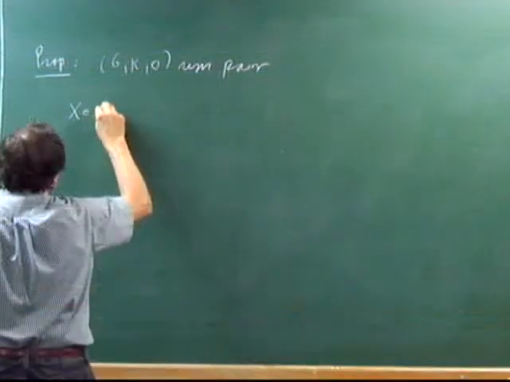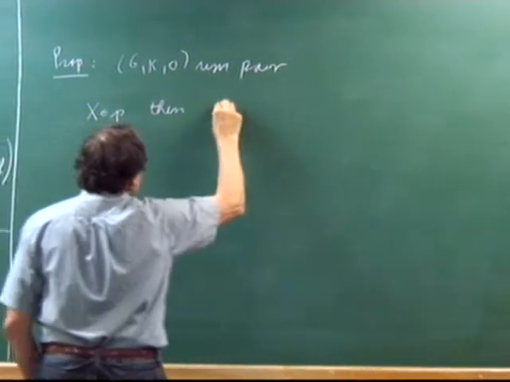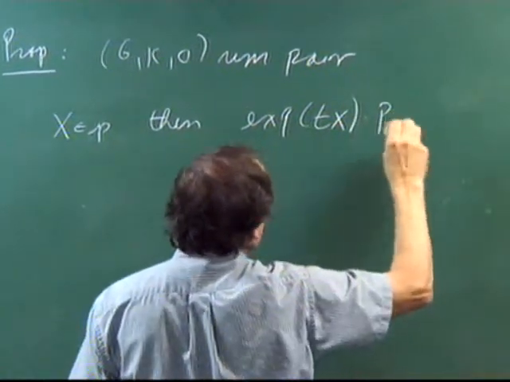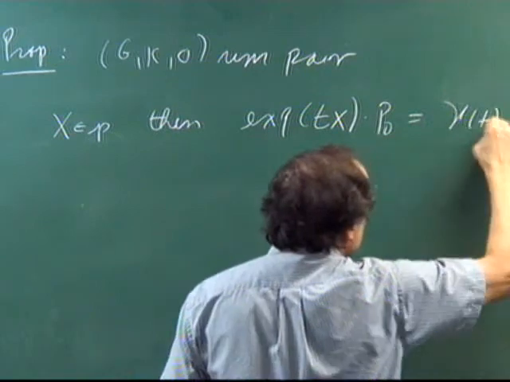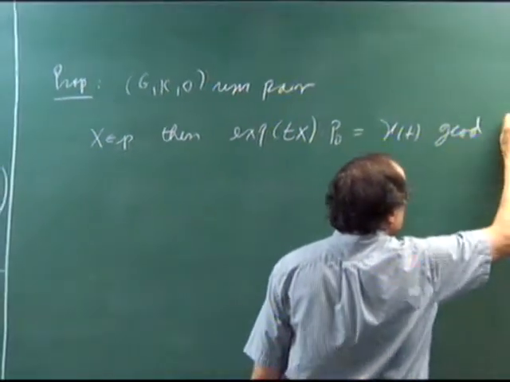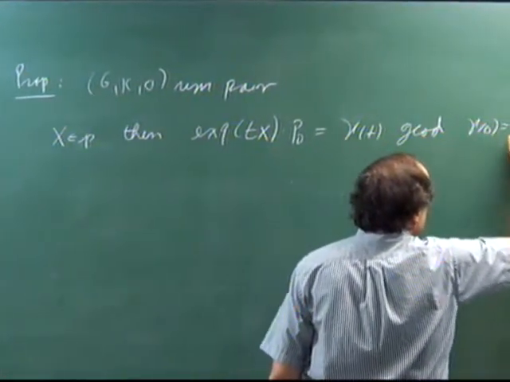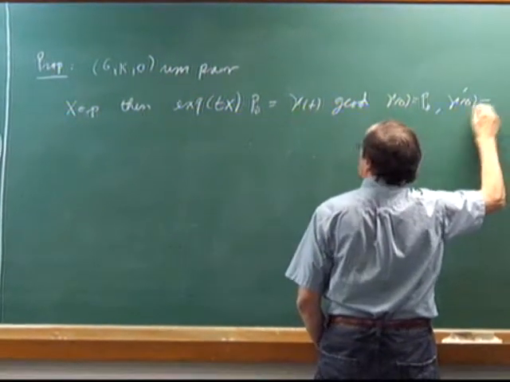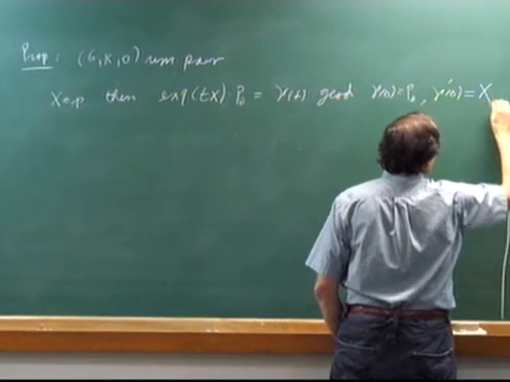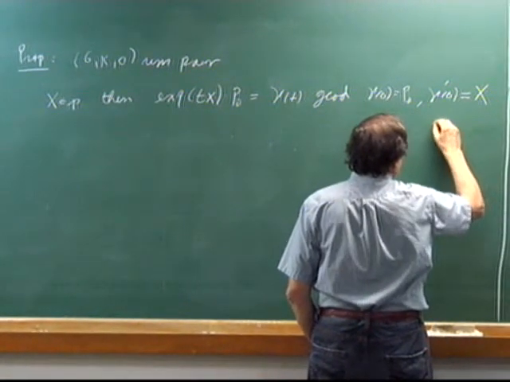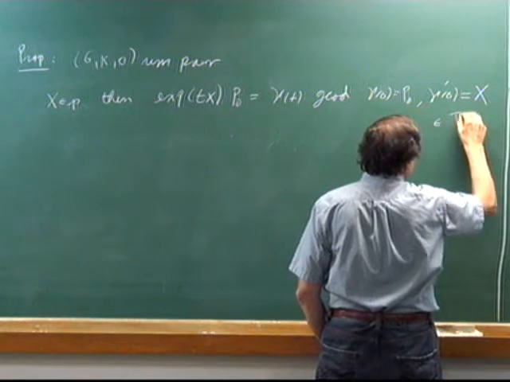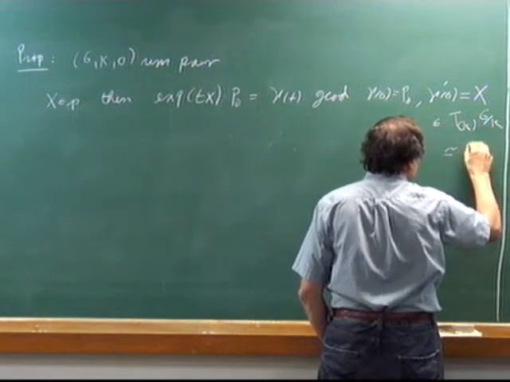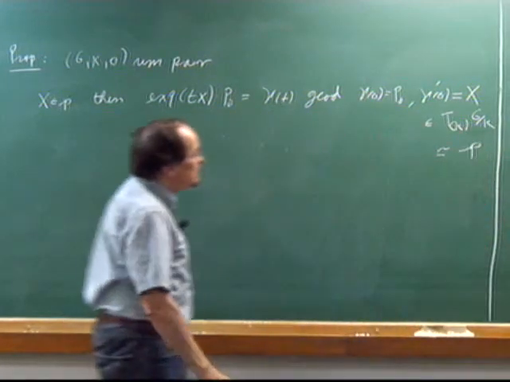If X lies in p, then exp(tX) times p naught, so gamma of t, is a geodesic with gamma of 0 equal to p naught and gamma prime of 0 equal to X, which I remember I can interpret as an element of the tangent space of G mod K at K, which we identify with p in the usual fashion, right?